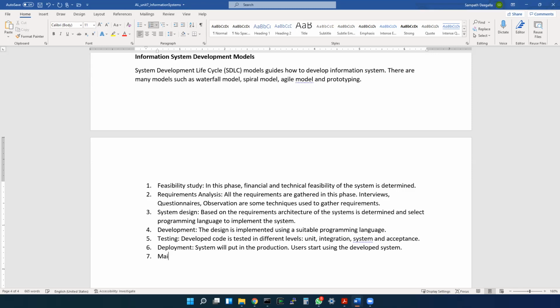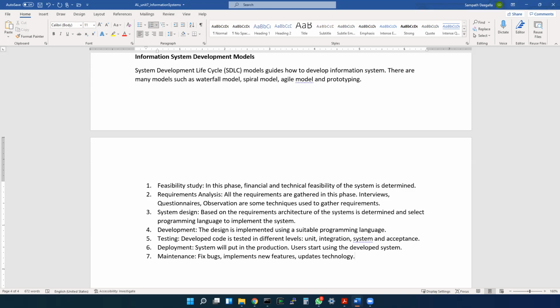Finally, we have maintenance. Fix bugs, implement new features, update technology.